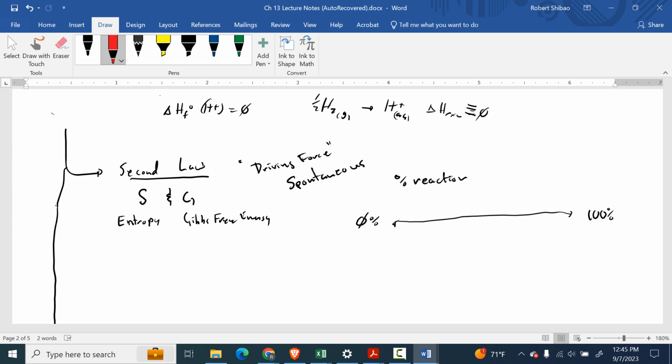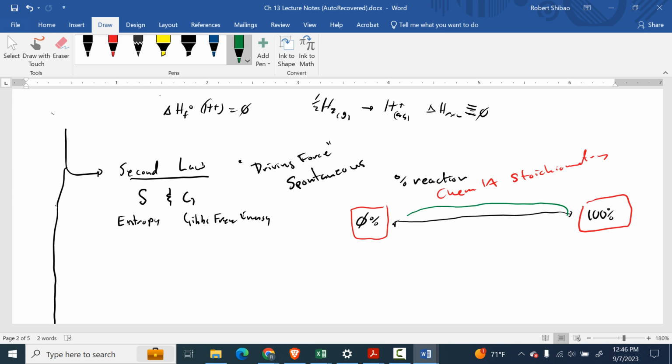And so in Chem 1B, we're going to do Chem 1B style stoichiometry. In Chem 1A stoichiometry, it's either 0% reaction or 100% reaction. In Chem 1B stoichiometry, it could be like 98% reaction or 1% reaction or 50% reaction.